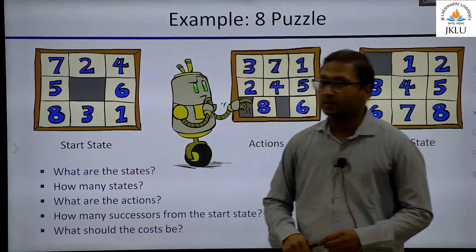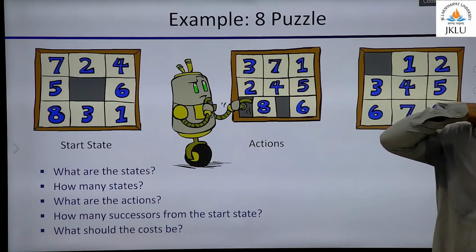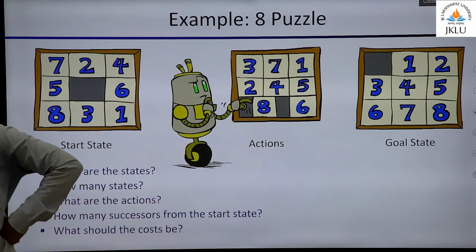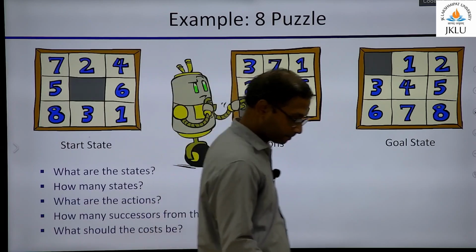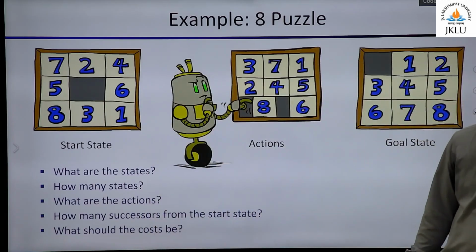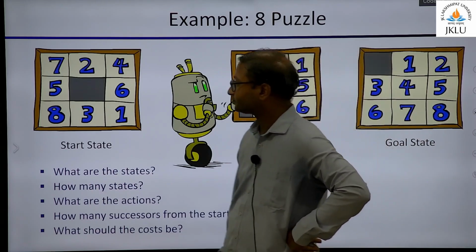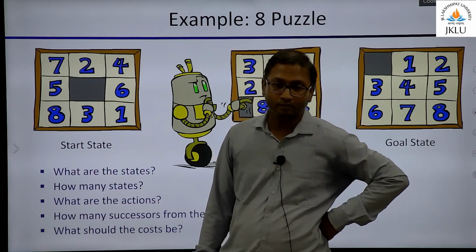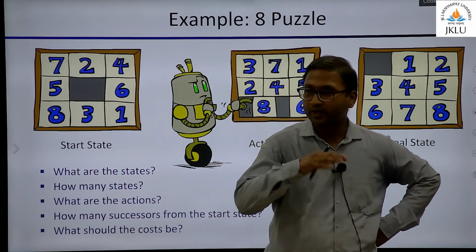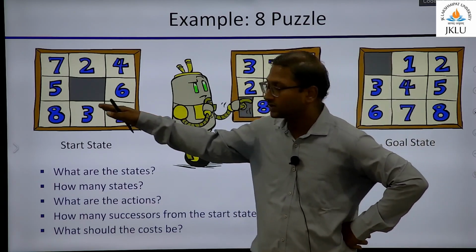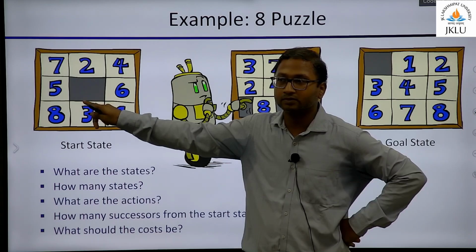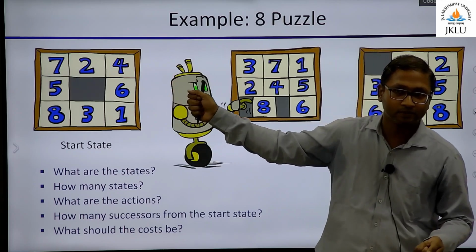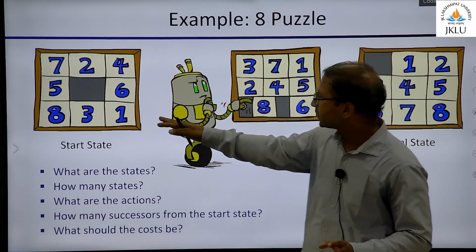So how many states are possible? Give me an upper bound, because there are many things that cannot happen in this game. There are some positions that cannot be attained. So you won't have all possible states, but in total how many?